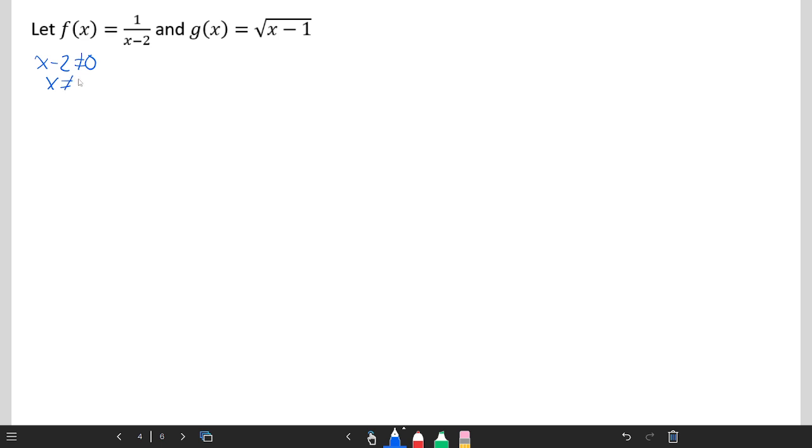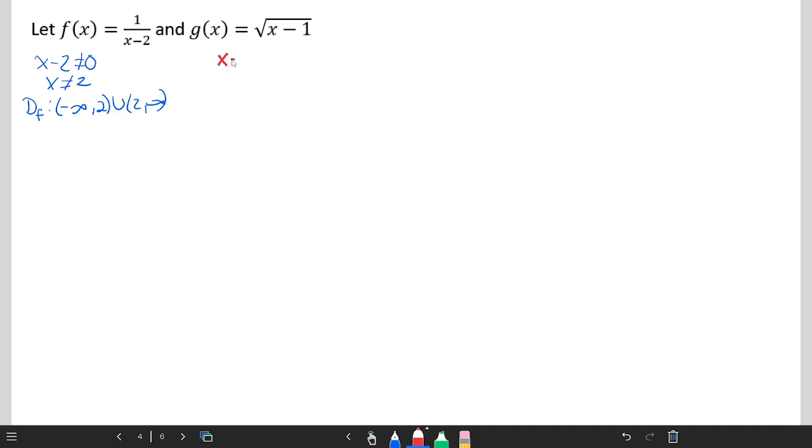So that means x can't be 2, which means you're basically graphing the whole number line except you're skipping over 2. Honestly, you don't probably need to write it in interval notation at this step. You just basically need to know, okay, it's all reals except +2.